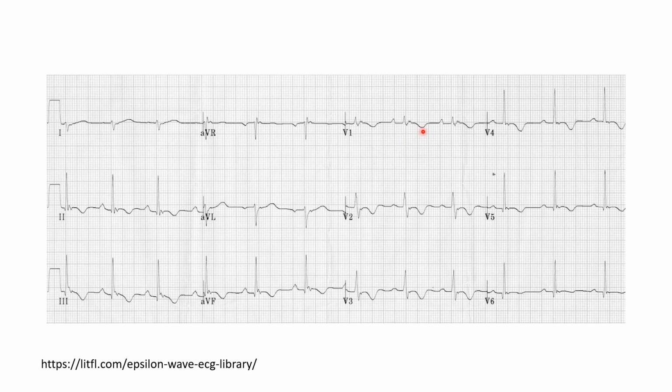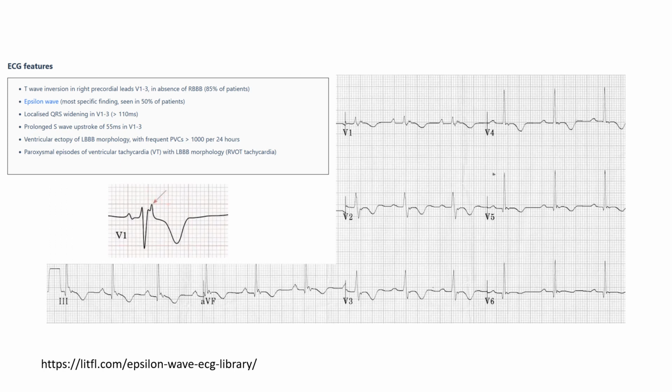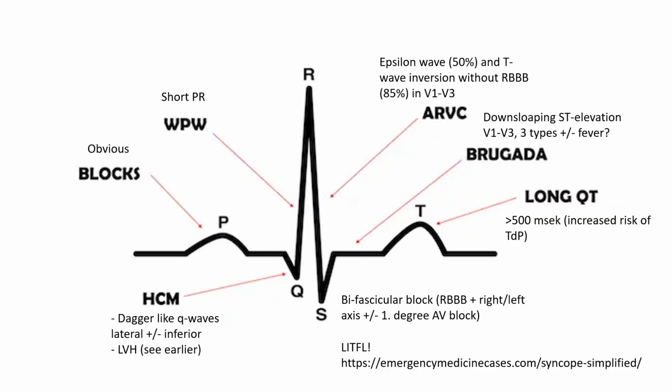We do see this small blip here, and that is what we call an epsilon wave. And here's the rest of the criteria. It only exists 50% of the time in your arrhythmogenic cardiomyopathies, but it's one of those things that we don't want to miss. Also, they usually have, in the absence of RBBB, these T-wave inversions that we talked about.